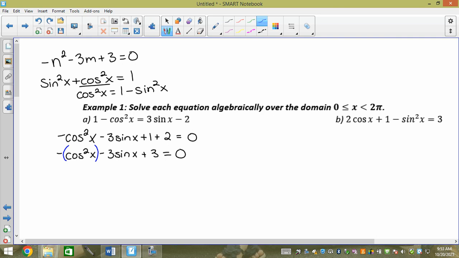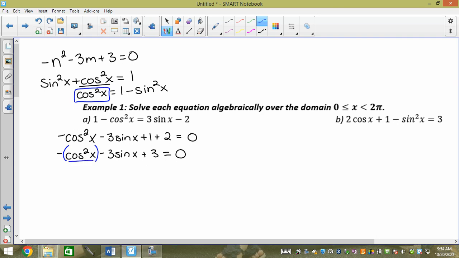So could I do it that way? Could I replace cos squared x with 1 minus sine squared x from the formula sheet? Yeah? Am I replacing the negative cos squared x, or am I replacing cos squared x? Right now I'm replacing cos squared x. We agree? So I have to replace the cos squared x.